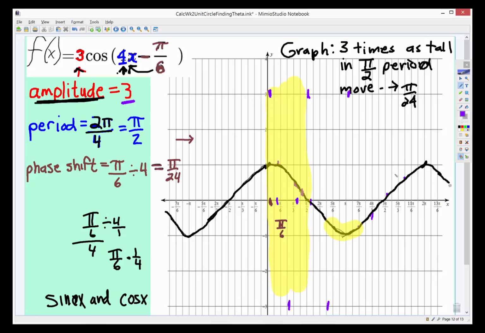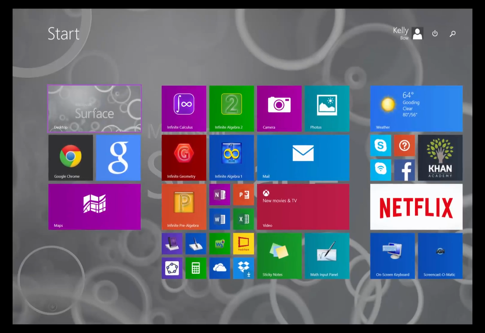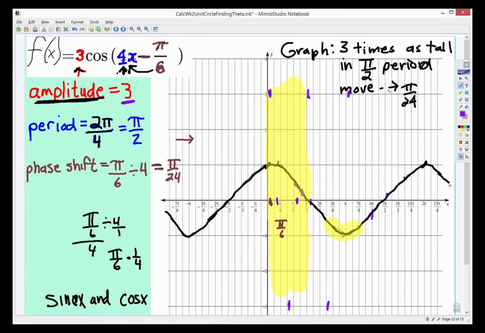And then at 3 pi halves, we're just going to go a little bit beyond 3 pi halves because it's shifted. And then again at 2 pi, just a little bit past 2 pi.